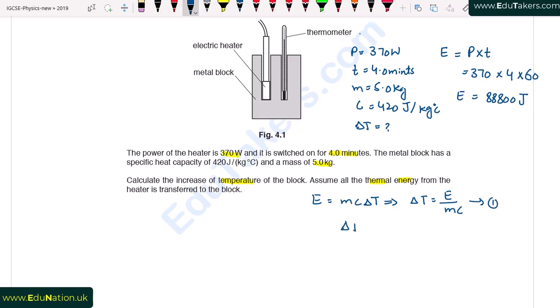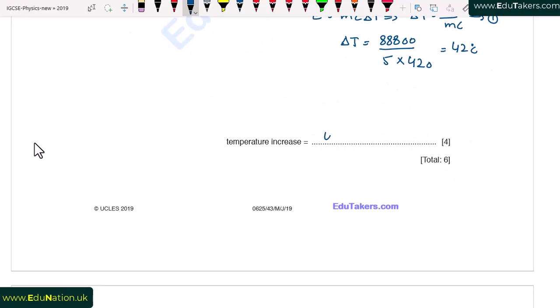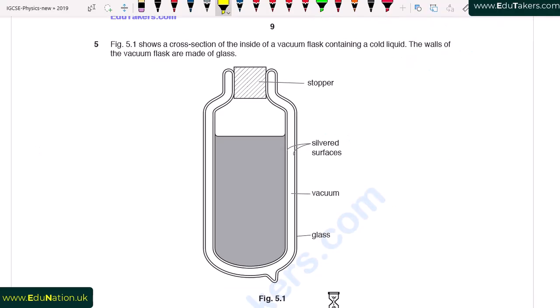So delta T will be equal to 88800 divided by mass is 5 kg and C is 420. So delta T comes to be 42 degrees C. I write here 42 degrees C. That is the temperature increase.